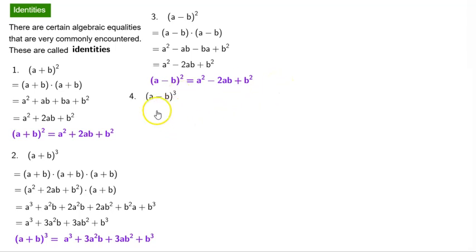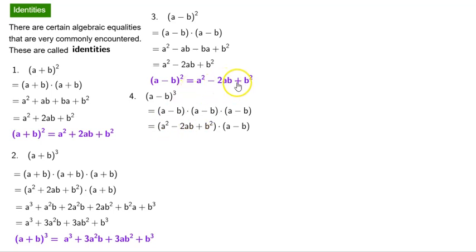Let's look at the fourth one. A minus B the whole cube. We had seen A plus B the whole cube. Now we are looking at A minus B the whole cube. So A minus B times A minus B times A minus B. But A minus B times A minus B we have already seen. So we directly utilize the previous identity.